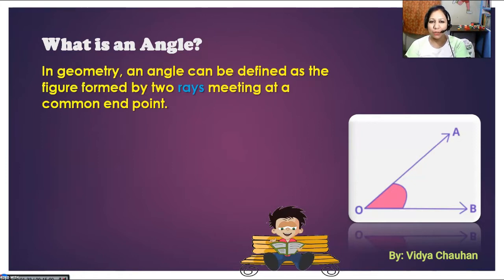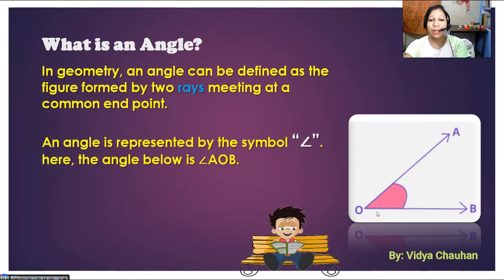In geometry, an angle can be defined as the figure formed by two rays meeting at a common end. In the picture, there are two rays, ray OA and ray OB. These two rays are meeting at a common point O. So this shape forms an angle, right?